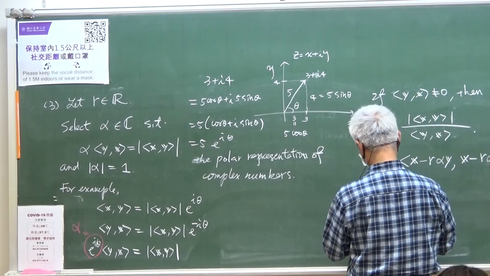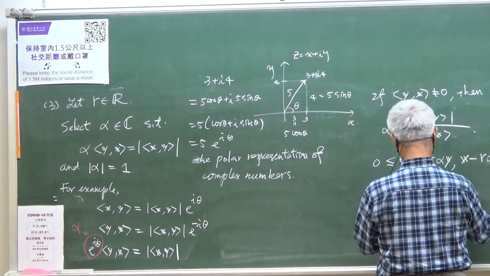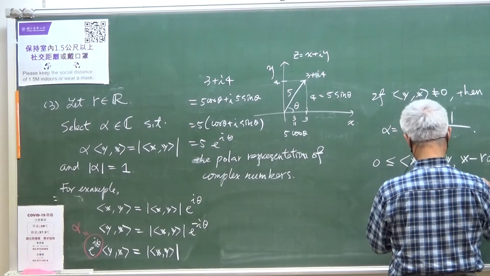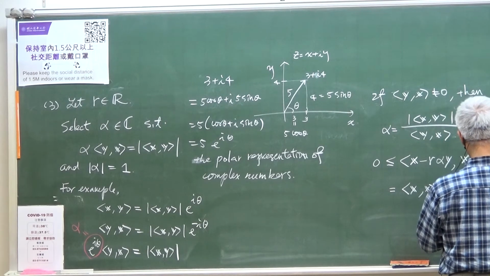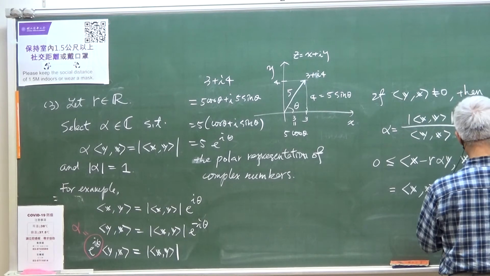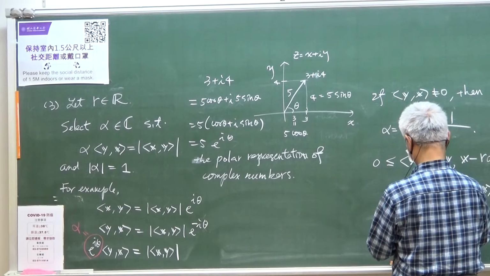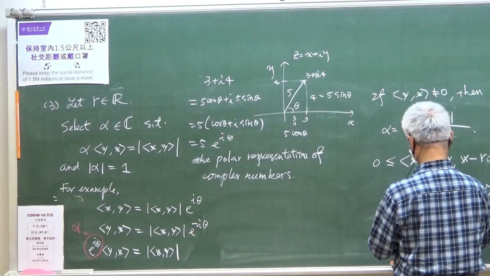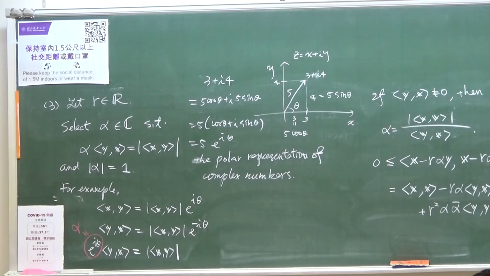Now by the conjugate symmetry property, we have four terms.